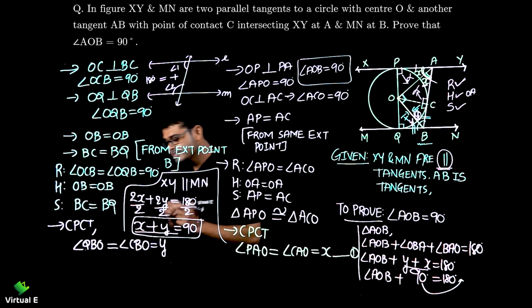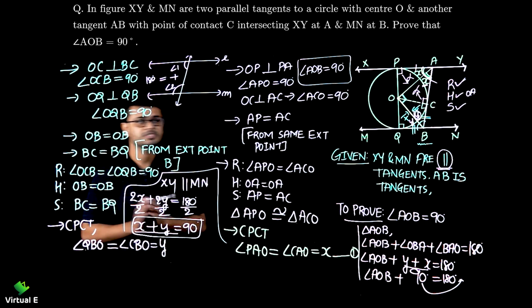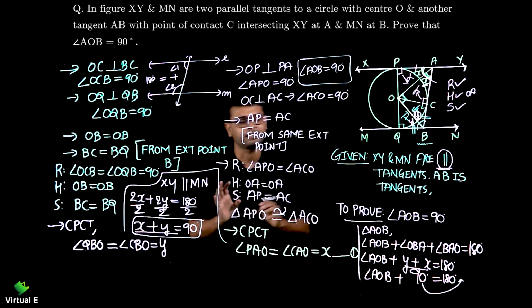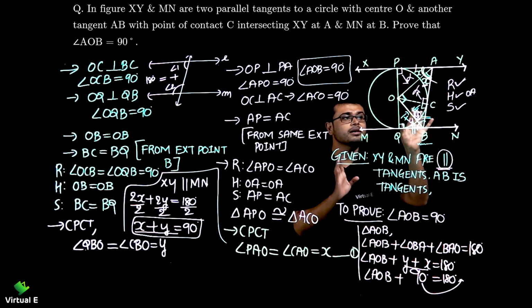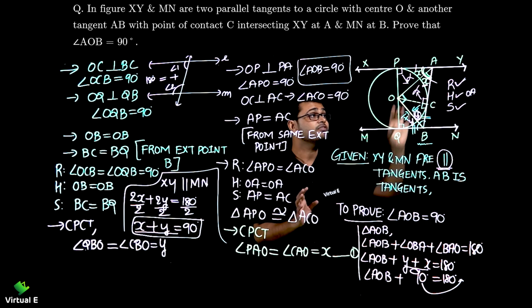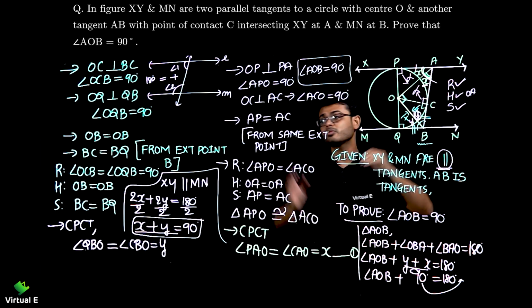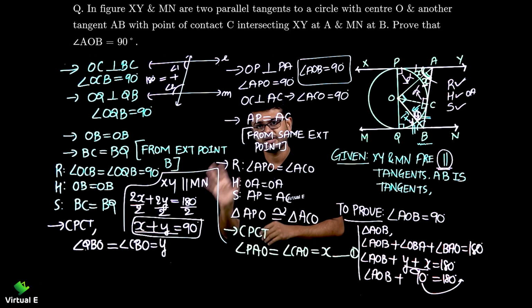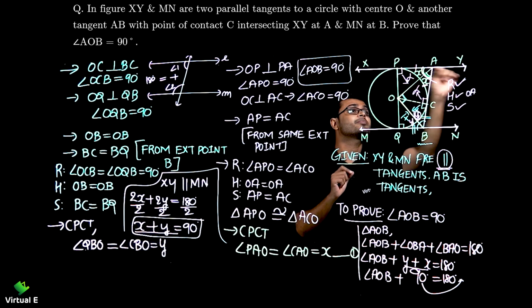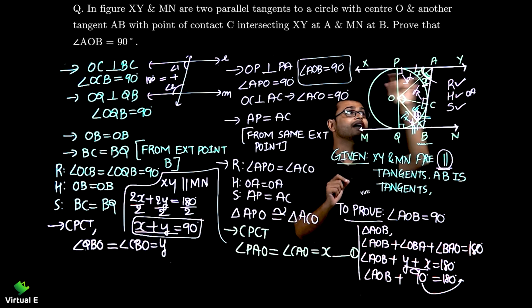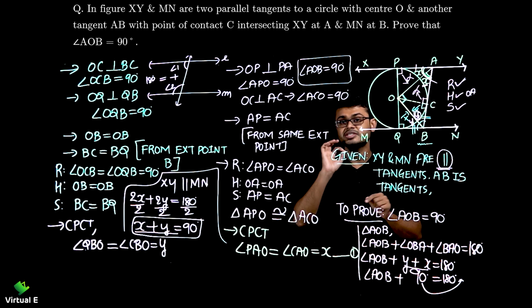Yes, it is a very lengthy sum, because if you see the steps, we have repeated the step. Proving these two triangles congruent and proving these two triangles congruent, it is similar. So if you can understand this one, you just need to repeat the step a second time, right? Next most important step is to use the concept of parallel lines over here, that XY and MN are parallel.